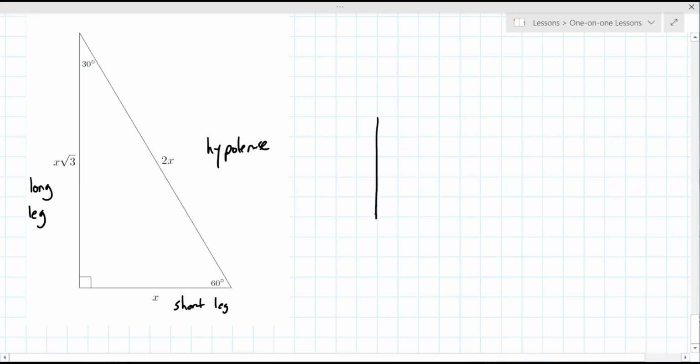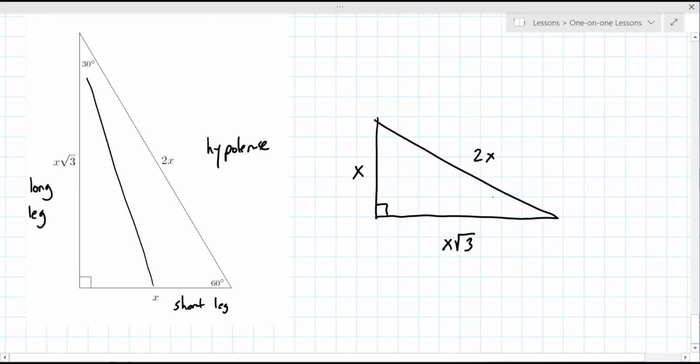For example, sometimes you'll see the reference drawn this way, where the short leg is up here. It should be substantially shorter than the other leg. And the other thing that I think maybe isn't clear is the 30 degrees is always across from the x. So 30 degrees is here, and then 60 degrees is across from the x root 3.